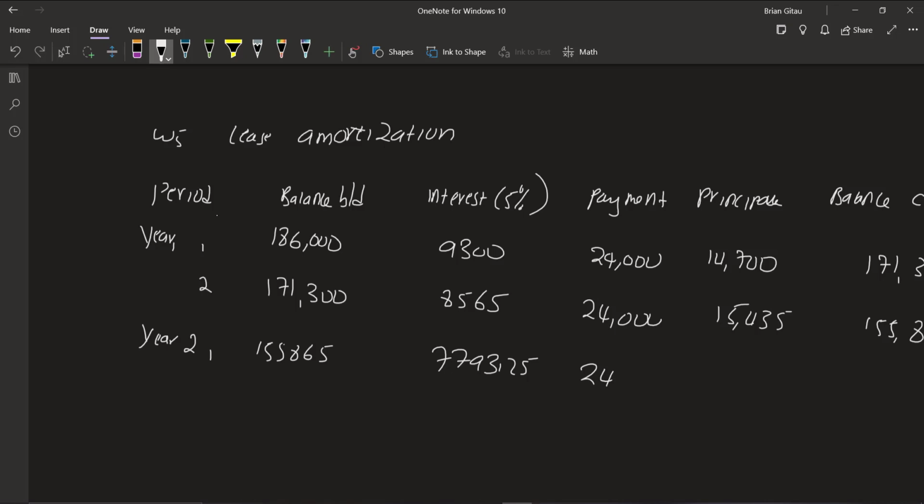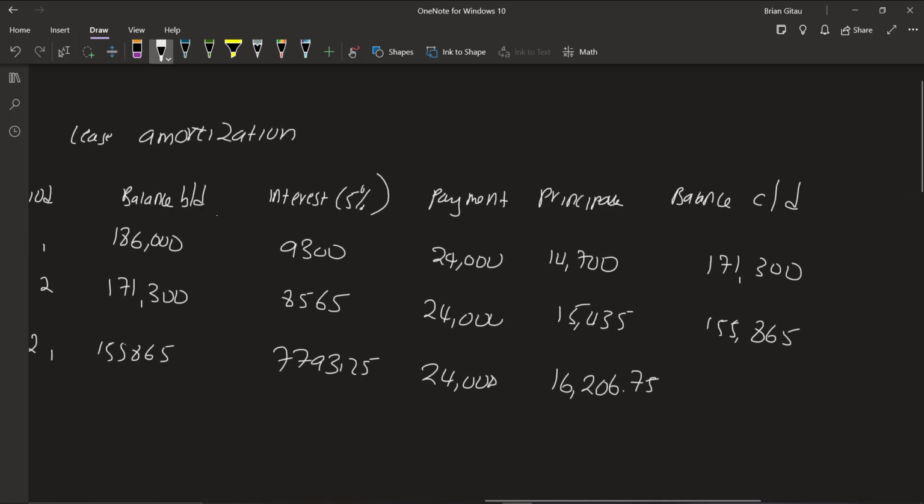The payment is still 24,000. 24,000 minus 7,793.25 is giving us 16,206.75. Now we get the balancing figure of 139,658.25.